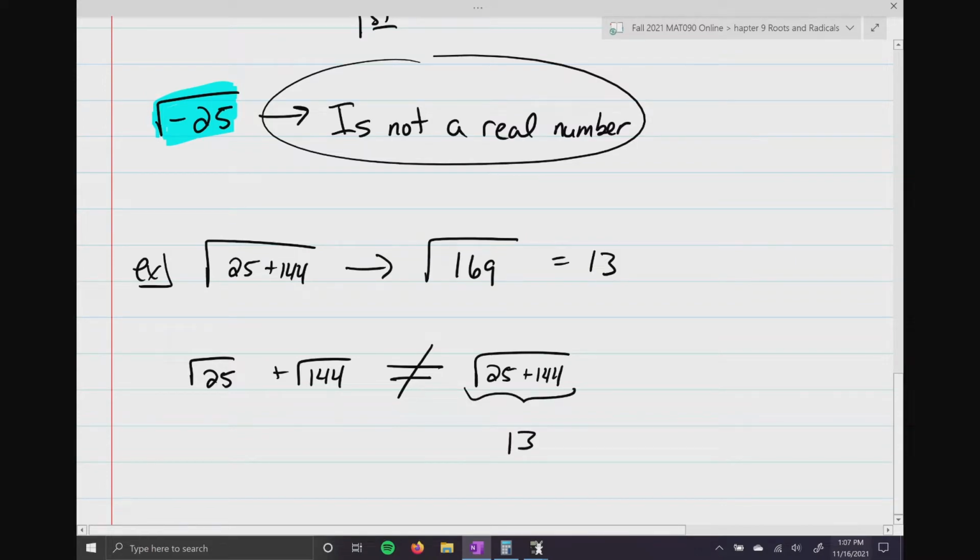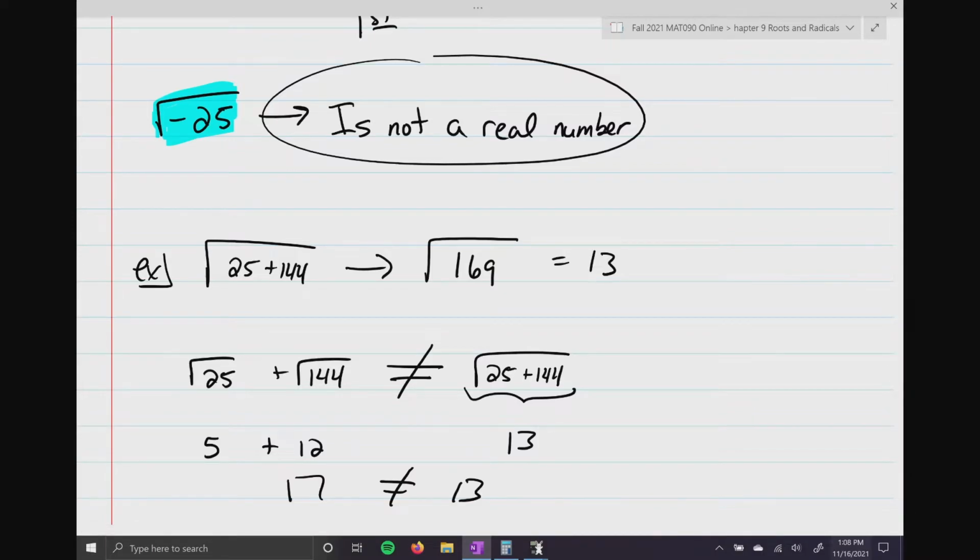Look what you get on the left side: 5 plus 12, which is 17, and that does not equal 13. So do not think you can just separate them. You have to figure out what is underneath first, and then you take the square root. When we get into multiplying square roots, that's when things change a little bit.